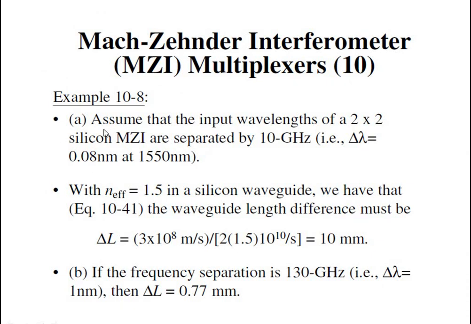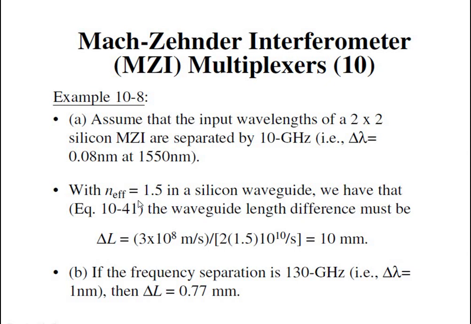So here there is an example. Assume that the input wavelengths of a 2 into 2 silicon MZI are separated by 10 gigahertz, that is delta lambda equal to 0.08 nanometer at 1550 nanometer, that is the wavelength deviation.